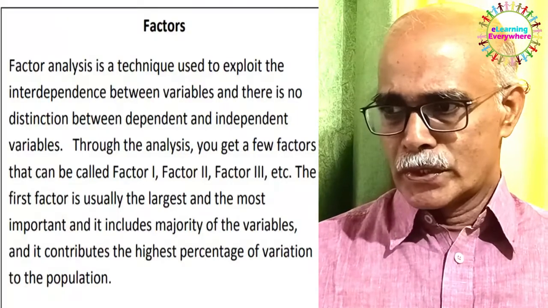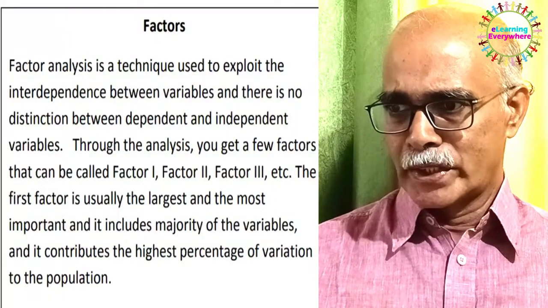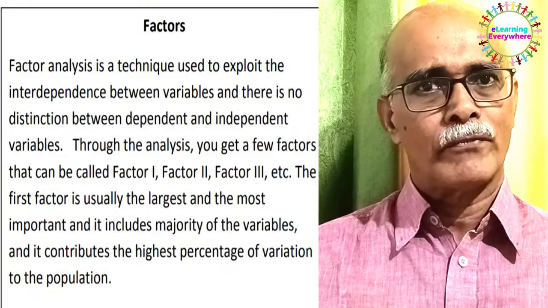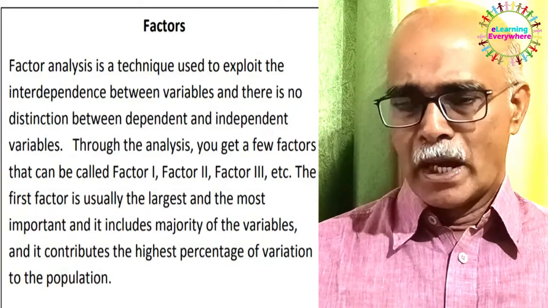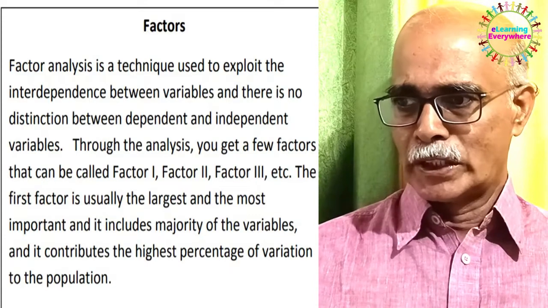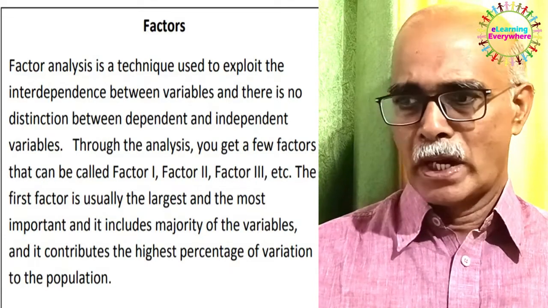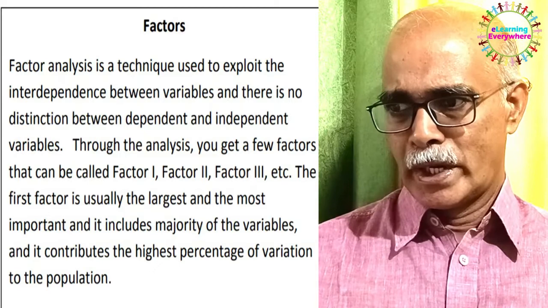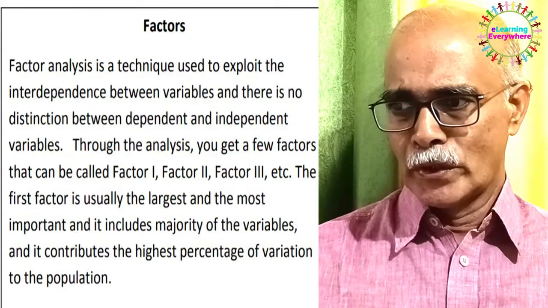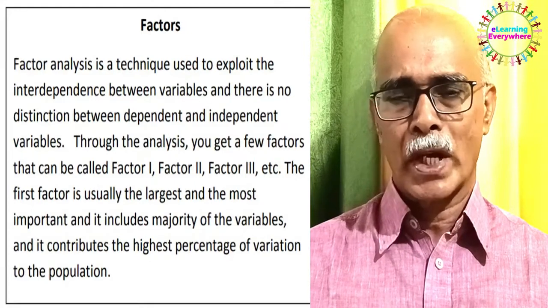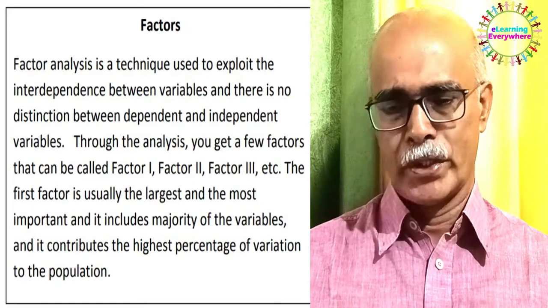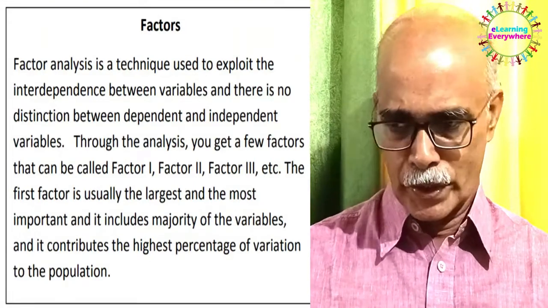Through the analysis, we get a few factors that can be called factor 1, factor 2, factor 3, like that. And the first factor is actually the largest and the most important, and it includes the majority of the variables, and it contributes the highest percentage of variation to the population.